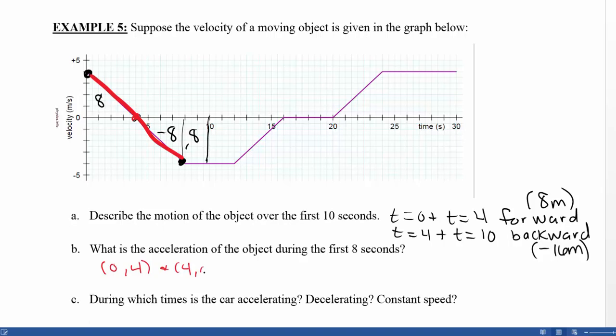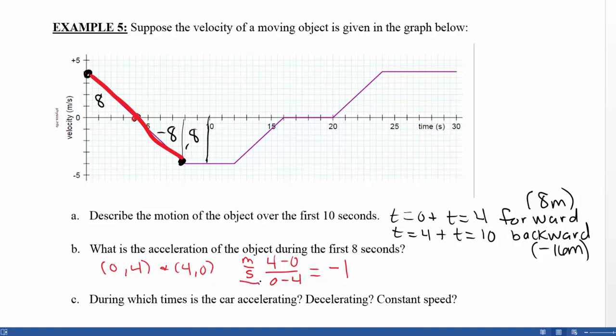Remember, you can use any 2 points on that red line in order to get the slope. So here I'm going to do the change in y over the change in x. So I have 4 minus 0 over 0 minus 4, and that's going to give me -1. But let's talk about the units. So on the top, the y values, that was in meters per second.